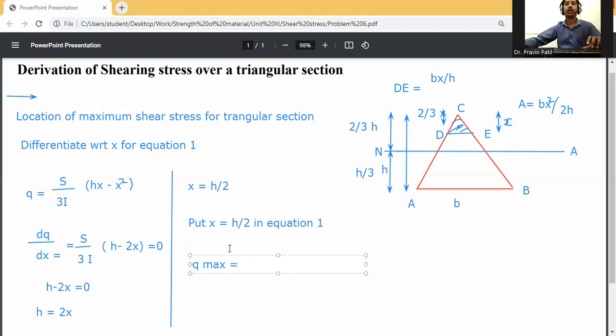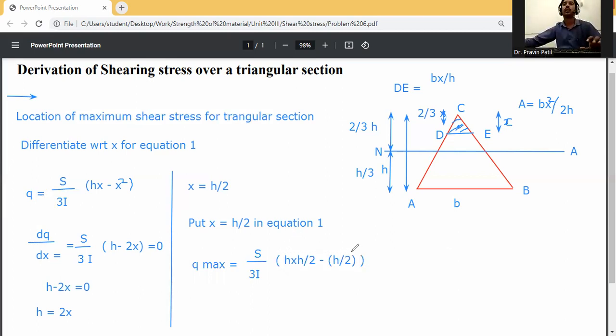S divided by 3I, in brackets, h into x, it is h by 2, minus h by 2 square.